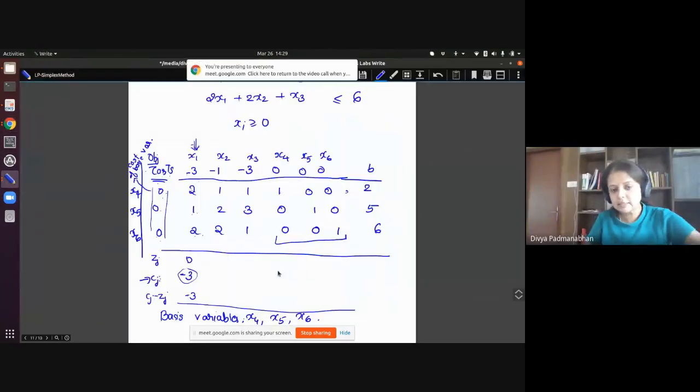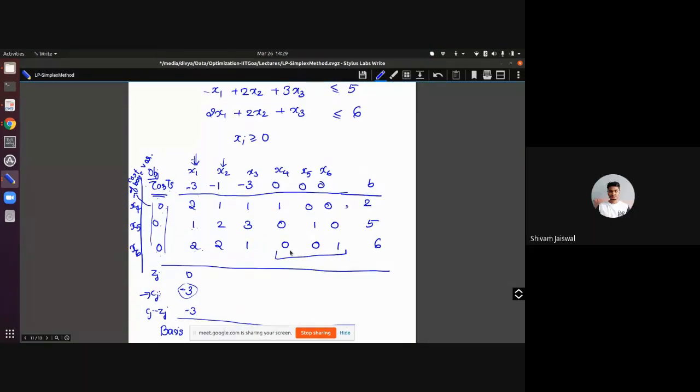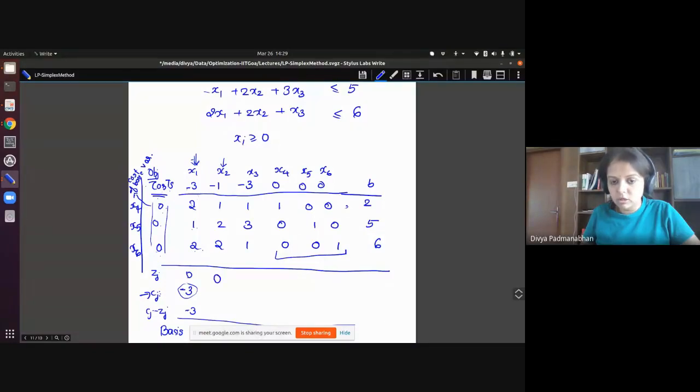Okay. So let's just do this for the other columns. Let's do it for these two columns as well and see what it gives. So what is going to be Zj for this second column? Can somebody tell me? Zero. Yeah. Because why was it 0?